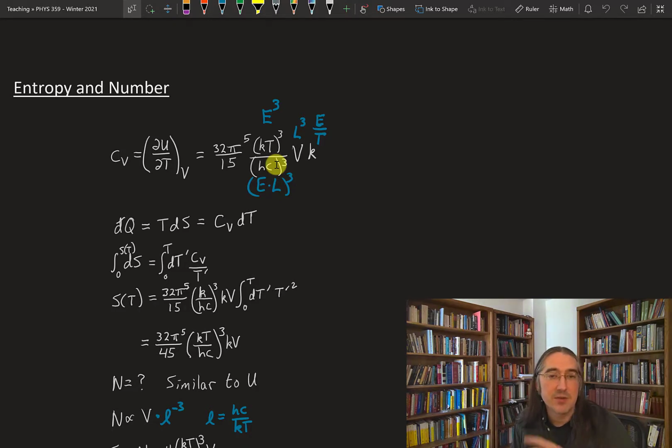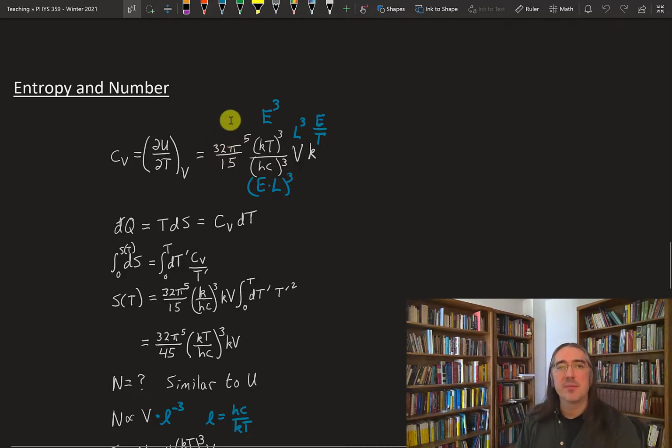Speed of light is length over time, so the times cancel and you get energy times length for hc, and the whole thing's cubed. Volume is a length cubed. And then I could have just skipped k in some sense, because k has the right units. It's an energy per unit temperature, so it has the right units to be heat capacity. And you can see, sure enough, the E cubes will cancel, the L cubes will cancel. You're left with k, which has the right dimension.